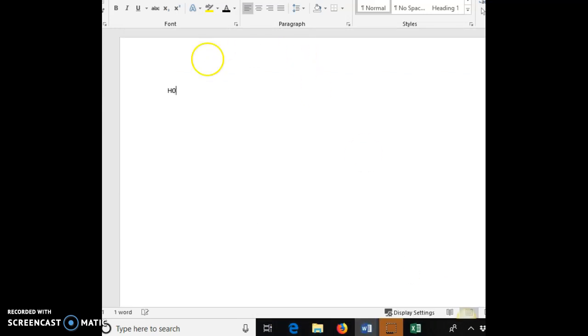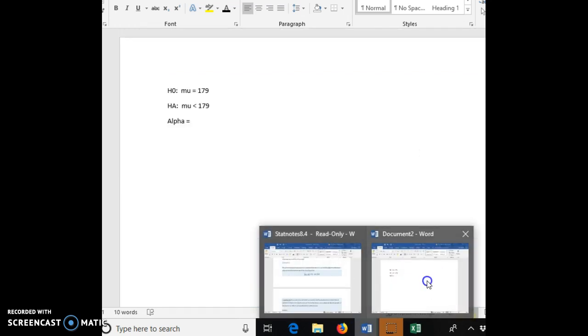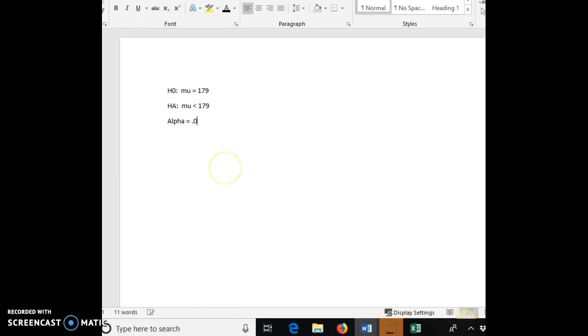So we have our null hypothesis is that our mean mu is 179, and our alternate is online, we think maybe we can get that for less than 179. All right, and then we had our significance was 5%. So alpha is 0.05.